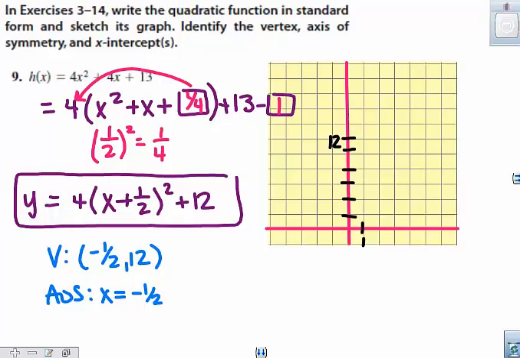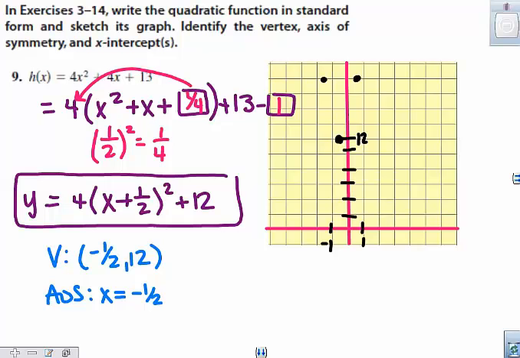So negative half, 12. It's going to be right here. My a is 4. That means I'm multiplying my y values by 4. Instead of over 1, up 1, I'm going to go over 1, up 4 in both directions.